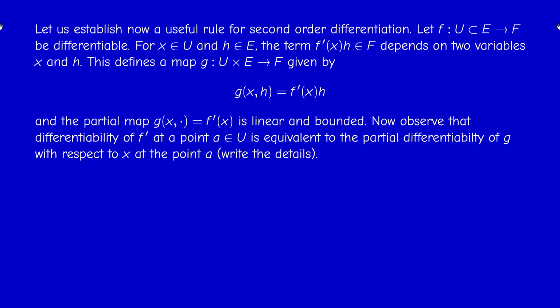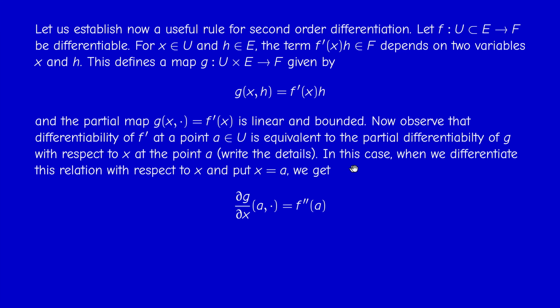Okay, so therefore, when we differentiate both sides with respect to x, fixing h, we'll get that the partial derivative of g with respect to x at the point A is exactly f double prime, or if you like, when we evaluate this in the direction k, I get f double prime of A at k.